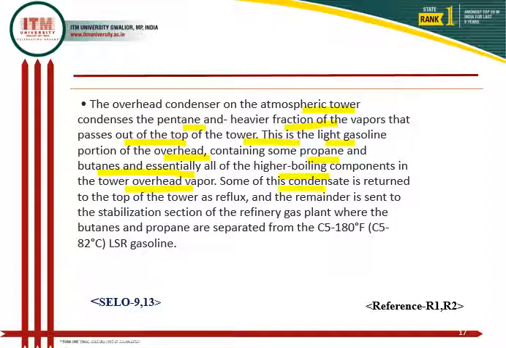Some of this condensate is returned to the top of the tower as reflux, and the remainder is sent to the stabilization section of the refinery gas plant, where the butanes and propanes are separated from the C5 to 180 degree Fahrenheit fraction. Then we have the LSR gasoline. So the fractions such as pentanes, butanes and propanes, which have the higher boiling points, go for refluxing firstly, and then they are collected.